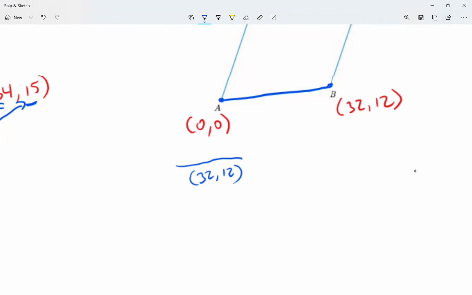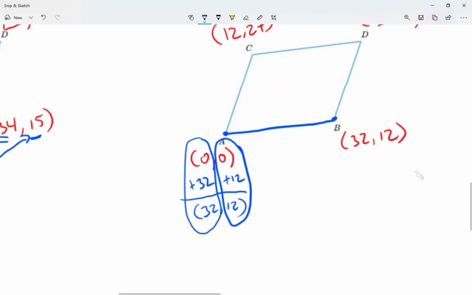I'm adding and subtracting. Looking at the X value, what do I do to 0 to make it 32? I add 32, because 0 plus 32 is 32. What do I do to the Y value? I add 12, because 0 plus 12 is 12. So I'm adding 32 on X and adding 12 on Y.